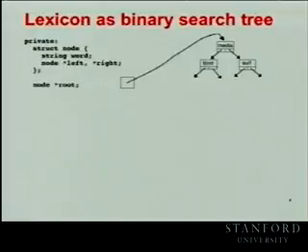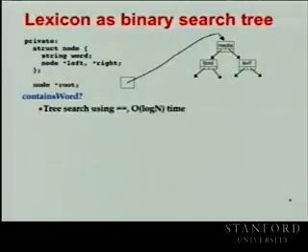Okay, so then if we said, well, we know that sortedness, that binary search, is the real advantage of keeping it in sorted order, but the contiguous nature of the array bites us in terms of insert. If we reorganize into that binary search tree to give ourselves the dynamic flexibility of wiring in the left and right halves through pointers as opposed to contiguous memory, then we know we can also get add to run in logarithmic time. So looking at these operations, contains word is a tree search that's using equals equals, left, right, deciding which way to go, and also performs logarithmically if the tree is balanced.